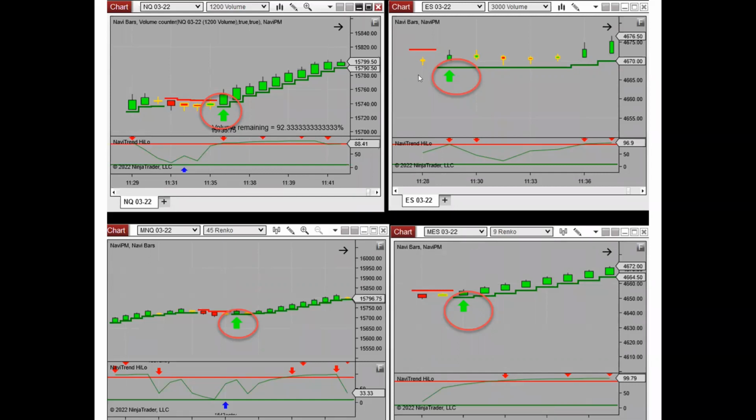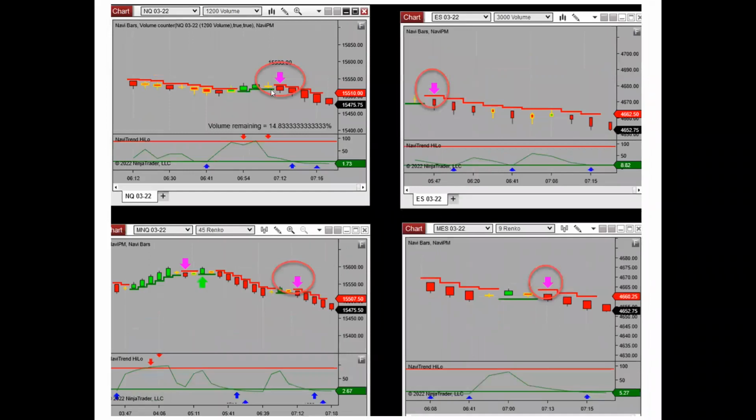So 4 signals, 1, 2, 3, 4 signals on all 4 of these charts at the same time. And of course, this also works on the sell side. Here you've got 1, 2, 3, 4 sell signals at the same time. Correlated signals.